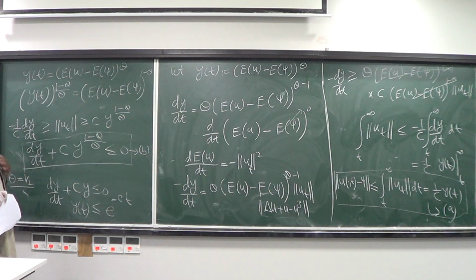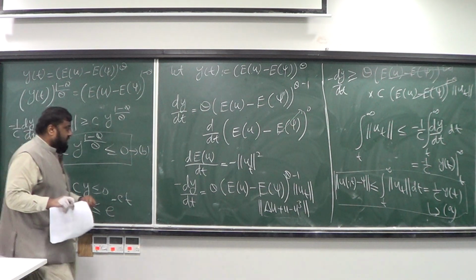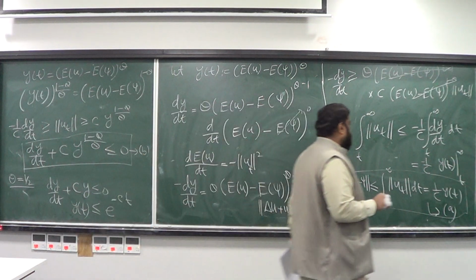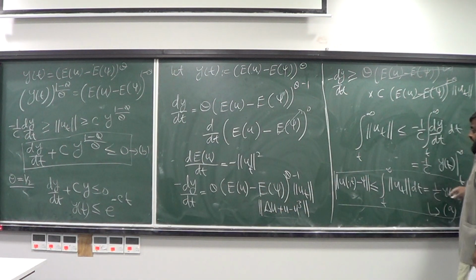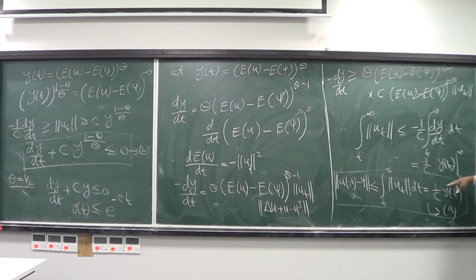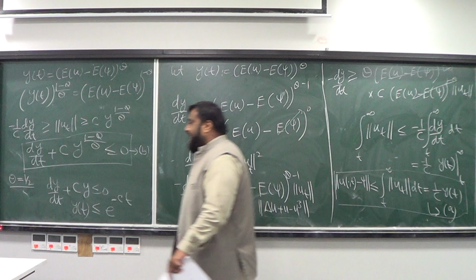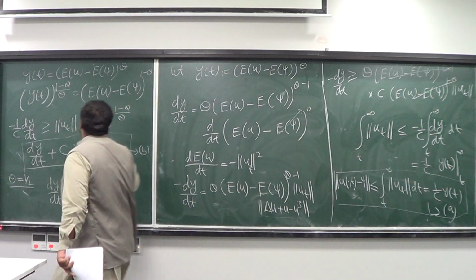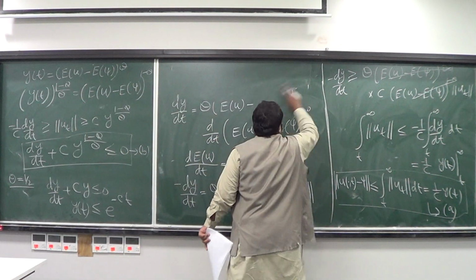So what you can do is, in place of y of t, use this y less than or equal to minus c of t in A. Once you use this in A, what do you get?